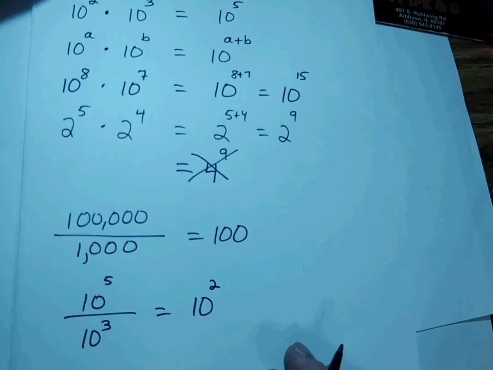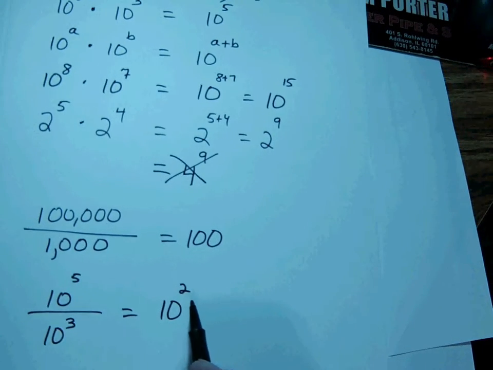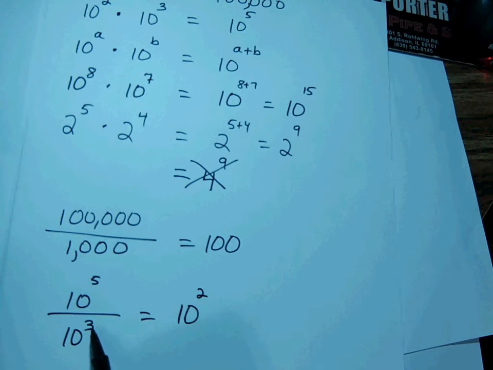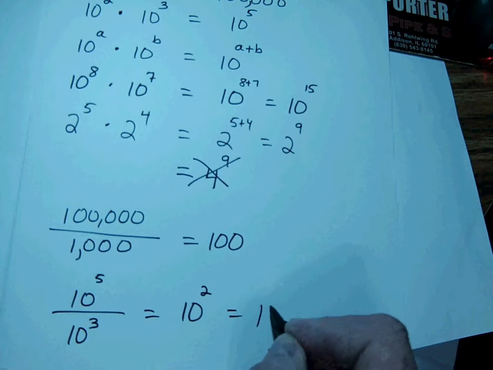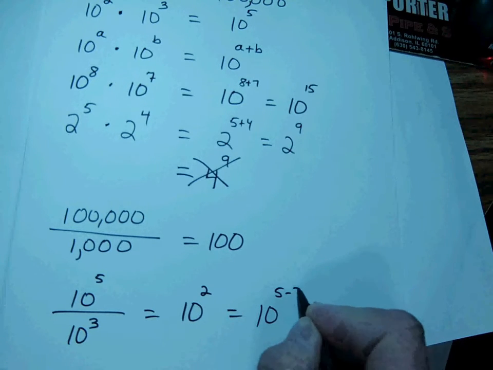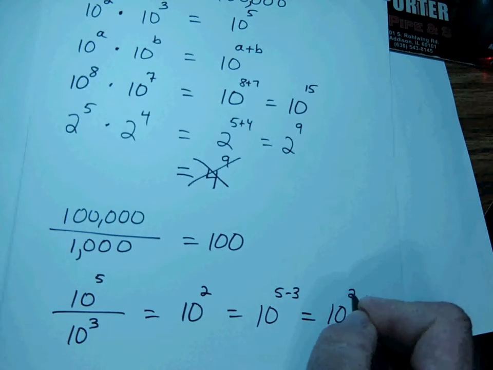Okay, so if you think about it for a moment, where did this 2 come from? Well, it came from 5 minus 3. I'm going to now subtract the exponents. Okay, so this is really 10 to the 5 minus 3 if we write it all the way out, which is 10 to the 2nd power.